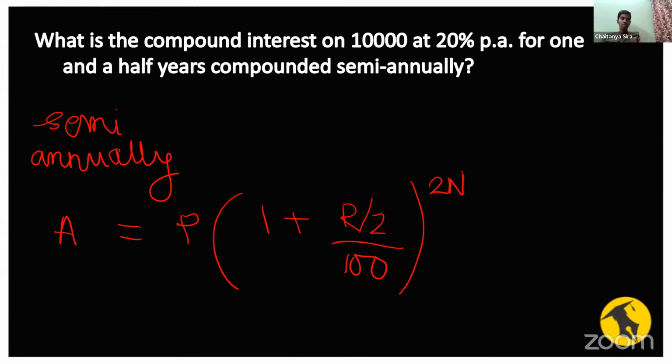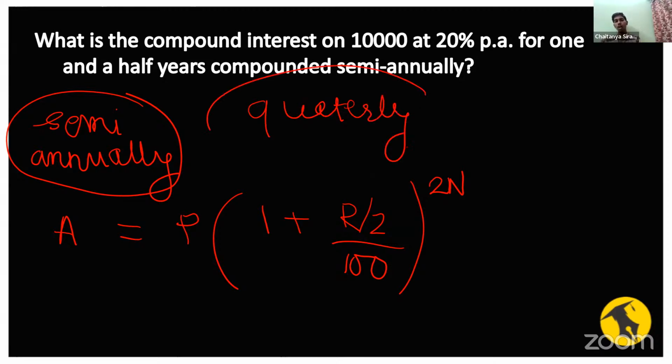All right, you can remember this formula for semi-annual compound interest, but my goal would be, I would be happier if you know how it's done. So if somebody asks you for quarterly, I hope you can solve it now. All right, do some practice, solve some more questions of this kind. Okay, let's move ahead with the next question now.